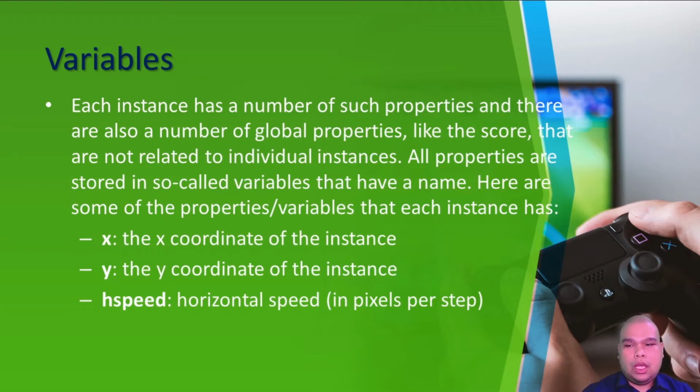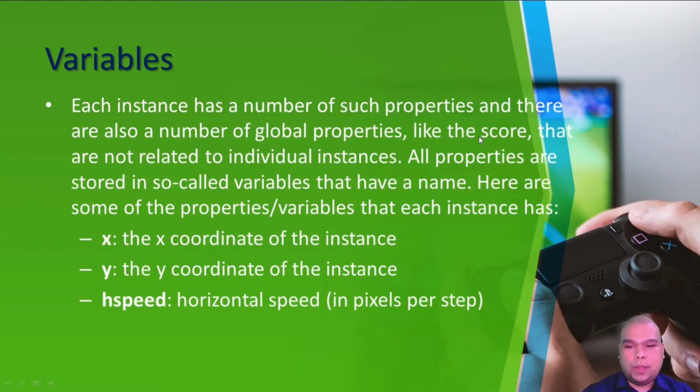So first, x, the x coordinate of the instance, y, the y coordinate of the instance. The x and y refer to the location of your object within the map or within your game room. Okay, so we're defining the location of your object or sprites or anything that you want to add on your game using the x and y coordinate.